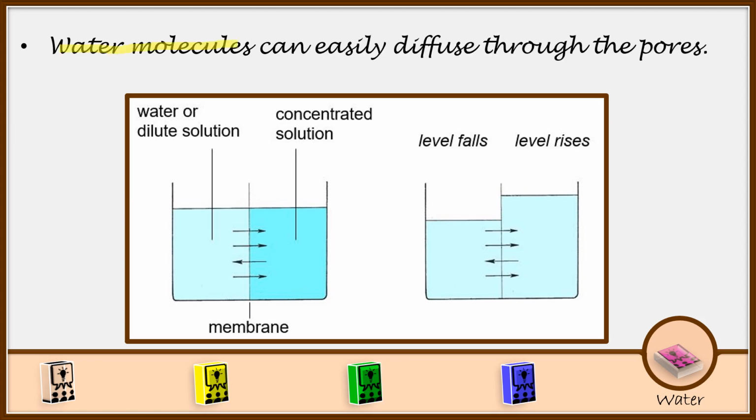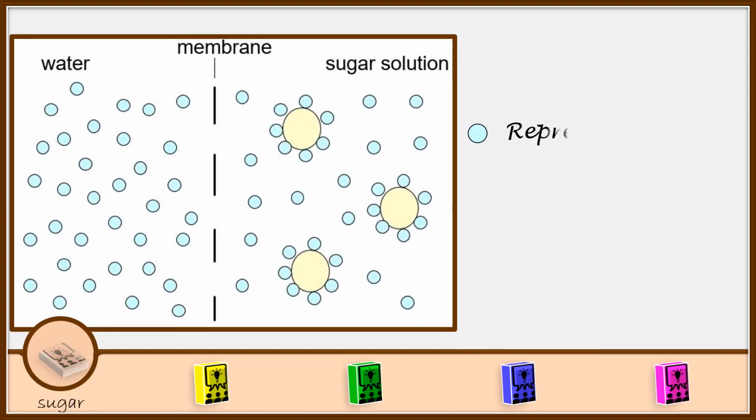Water molecules can easily diffuse through the pores. So we can see that the water molecules are easily flowing through the pores, moving in all directions. For example, if we take this structure here to represent a water molecule, that means that all these structures that we are having here are water molecules being represented by that structure.